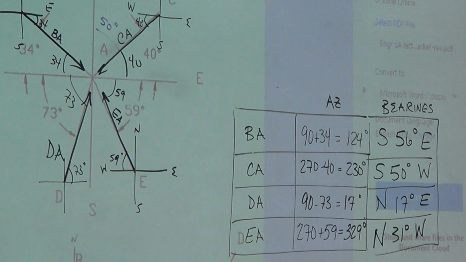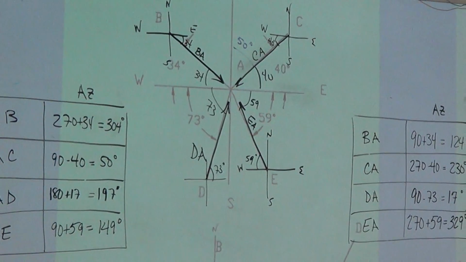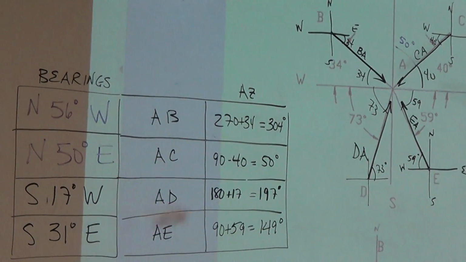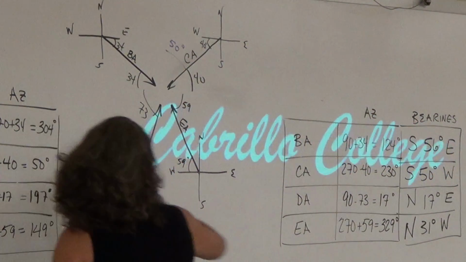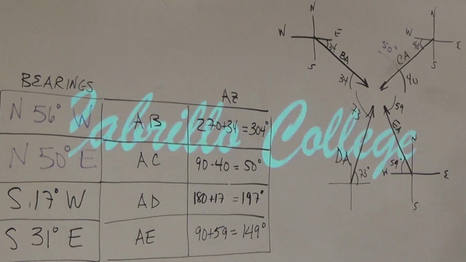So Julio, what do you notice between the forward and the back bearings? The bearing of AB versus the bearing of BA? The north and the south, they're the opposite. Right, the north and south are opposite, the east and west are opposite, but the numbers are the same.